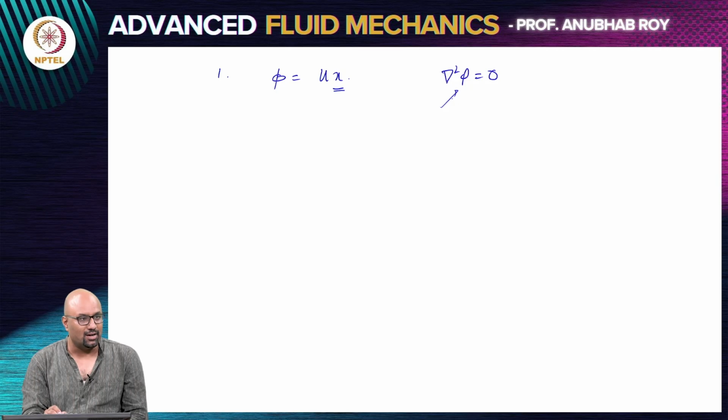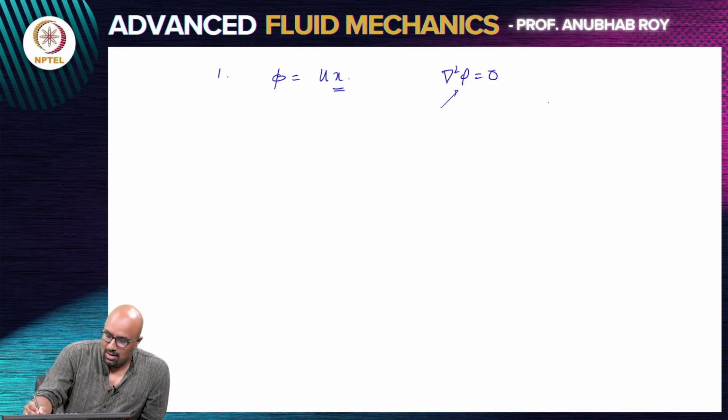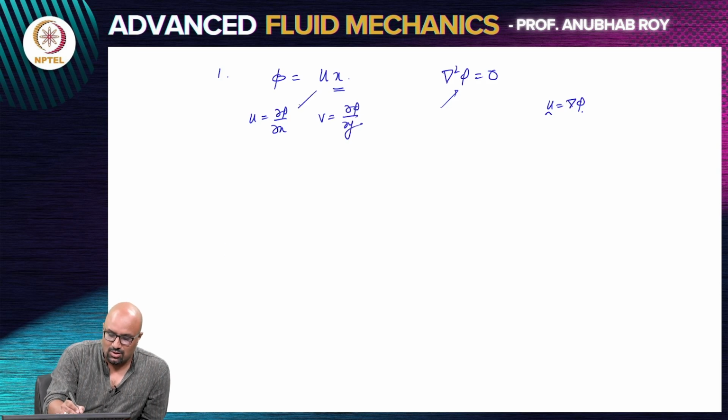Now, we are not interested in the math of Laplace equation, we are more interested in the velocity field. So, given that we know what is phi, can we actually find out what would be the velocity field? So, u is gradient of phi, which means the x component is dou phi dou x and the y component is dou phi dou y. Now you can plug it in. So, what do you get?